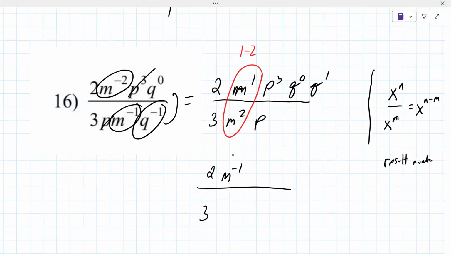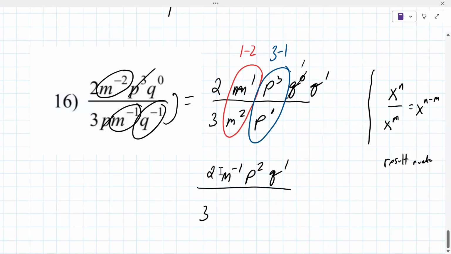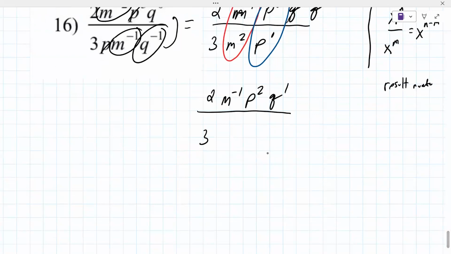Yeah, that goes in the numerator. All right. How about 3 minus 1? 2. So it always goes in the numerator, p squared. And then q to the 0 is 1, q to the 1 remains. So where does this m to the -1 need to go? On the bottom. Yes, the final answer here is 2p squared q over 3m.